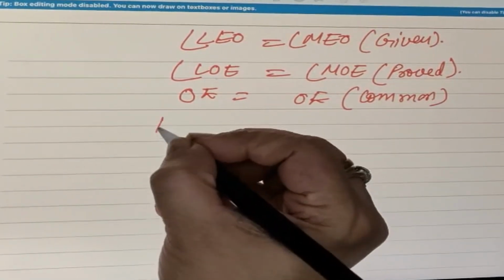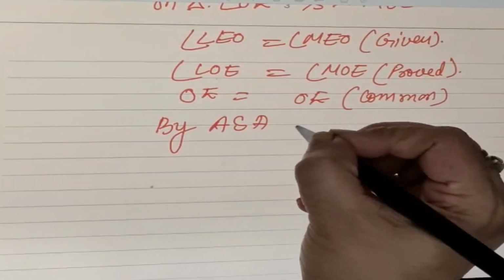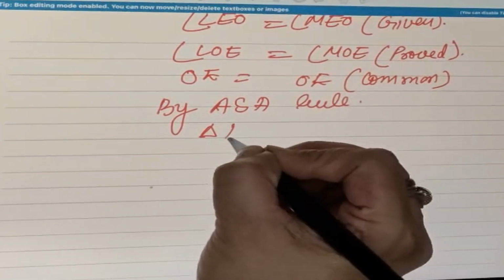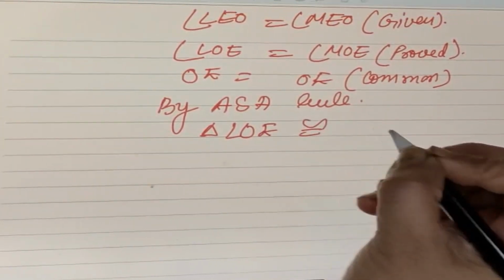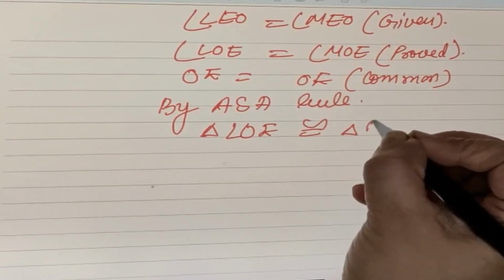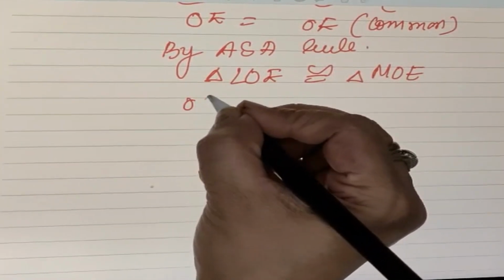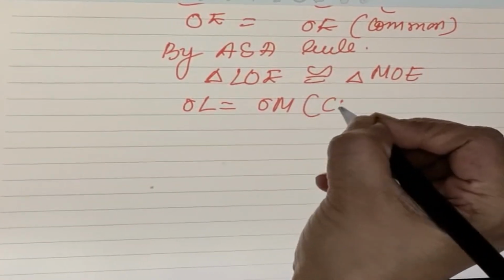Which rule did I use? By ASA rule, triangle LOE will be congruent to triangle MOE. When you make triangles congruent, OL is equal to OM, CPCT.